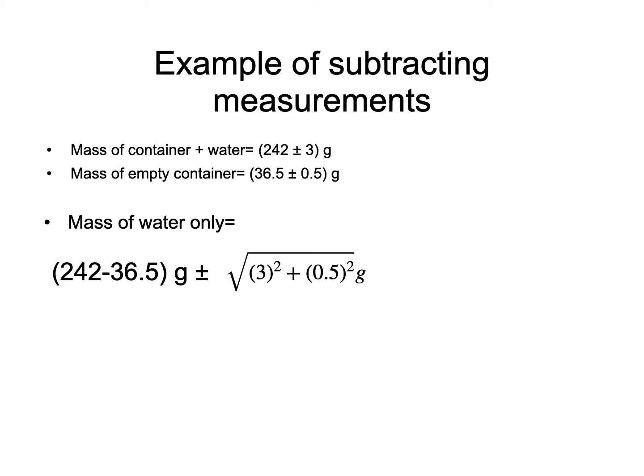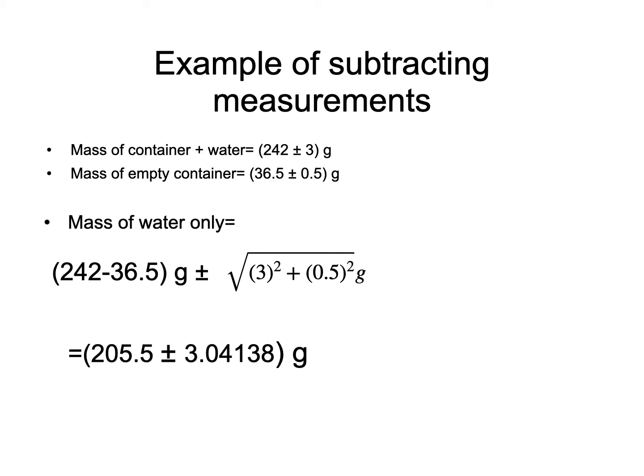Using a calculator or a spreadsheet, we obtain 205.5 grams plus and minus 3.04138 grams. Note that the error in this expression is larger than the largest error involved, which was 3 grams.